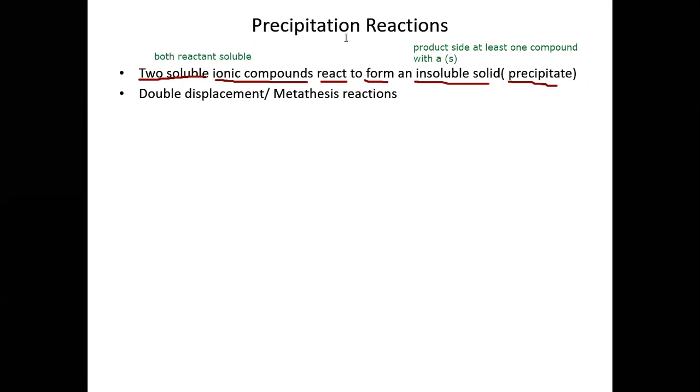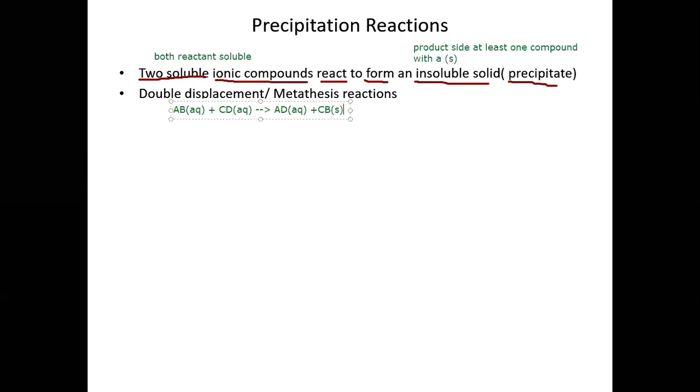And this is a subset of the broader group of reactions called double displacement or metathesis reactions. Double displacement means you take the 2 cations in the reactants and switch them to form 2 new products.